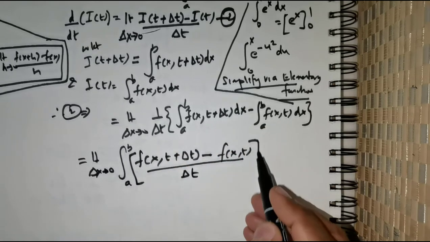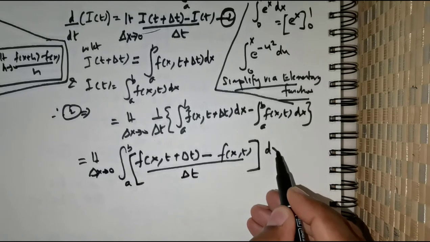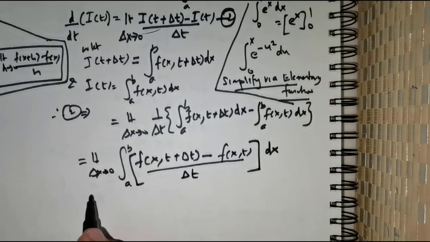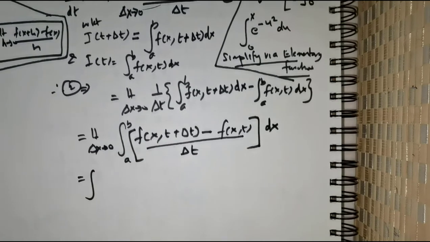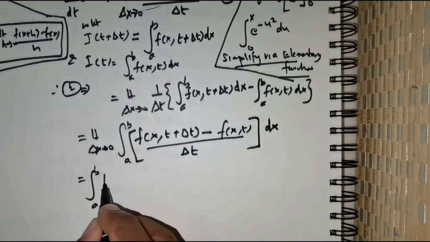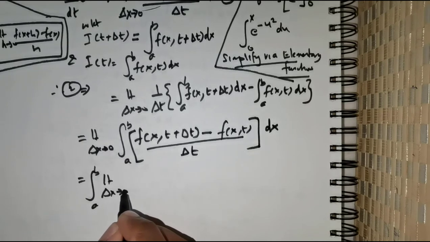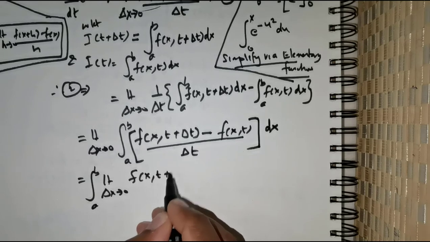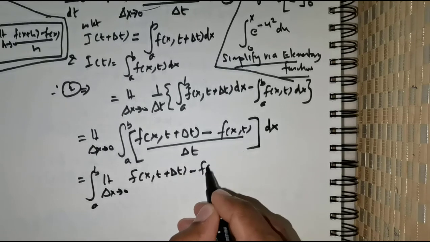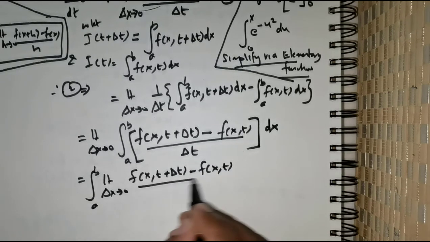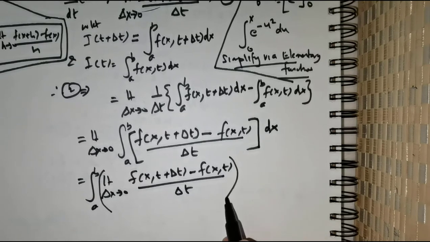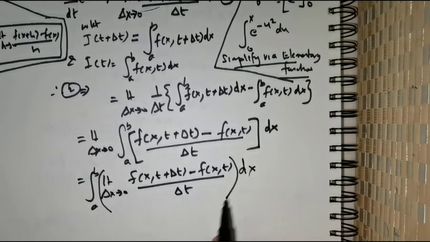Let me place this in square parentheses and multiply it by dx. Now I want to push the limit inside, so this is equal to the integral from a to b of the limit as delta t tends to 0 of f of x comma t plus delta t minus f of x comma t divided by delta t, placed inside the parentheses with dx outside.